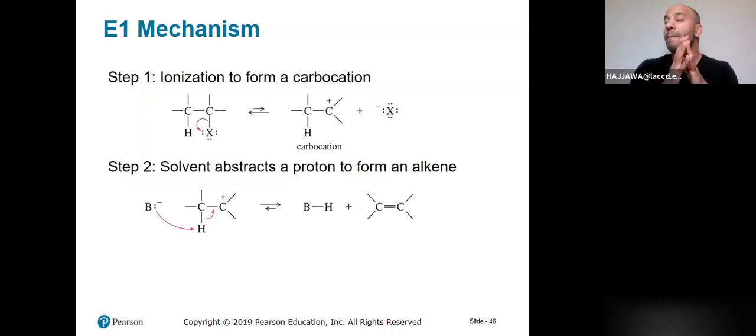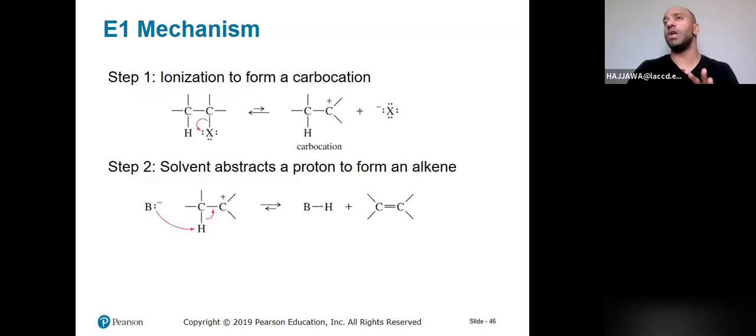But in the elimination approach, you will not see a secondary or primary alkyl halide going through an E1, only the tertiary alkyl halide. And it has to have a weak base, such as alcohols, and it has to have heat. So alcohols or water, heat, and the tertiary alkyl halide are the three conditions for an E1 approach. Otherwise, you will not have that.